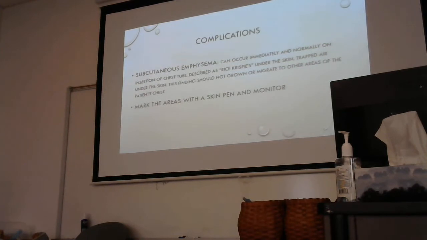Complications: you can have some subcutaneous emphysema, which can occur immediately and normally on insertion of a chest tube. It's described as Rice Krispies under the skin. If you've ever felt it, it kind of gives and it sounds like Rice Krispies, and it feels that way too. It's trapped air under the skin, and this finding should not grow or migrate to other areas of the patient's chest.